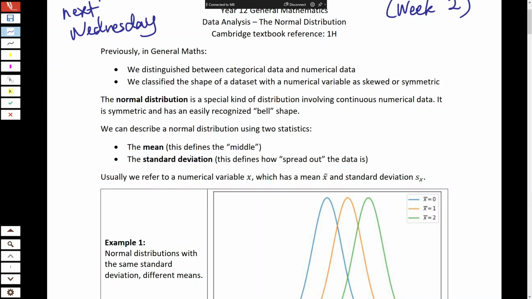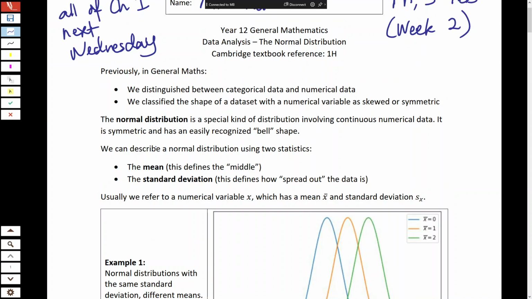So, in my opinion, if you go on and do maths or statistics or science at university, you will undoubtedly see this again. The normal distribution is probably the most well-studied thing in statistics because it appears everywhere. So if I had a very large group of people and I measured things like their height, or their weight, or if I set an exam, what will often happen is you'll get a curve that looks like this.